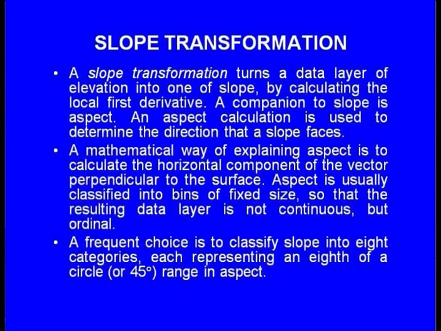An aspect calculation is used to determine the direction that a slope faces. A mathematical way of explaining aspect is to calculate the horizontal component of the vector perpendicular to the surface. Aspect is usually classified into bins of fixed sizes, so that the resulting data layer is not continuous, but ordinal. A frequent choice is to classify aspect into 8 categories representing an eighth of a circle, or a 45 degree range.